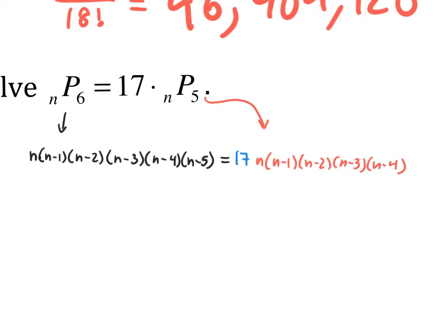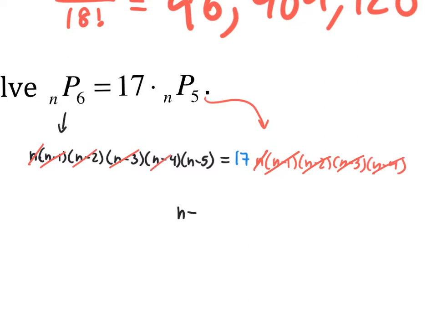Now the fun part. Notice that if I take this, I need to get n by itself, so I need to collect all my n's. So I'm going to divide this entire side by the red here, okay? But just notice that when I divide by n, the n's drop out. When I divide by n minus 1, n minus 2, n minus 3, n minus 4, what are we left with?